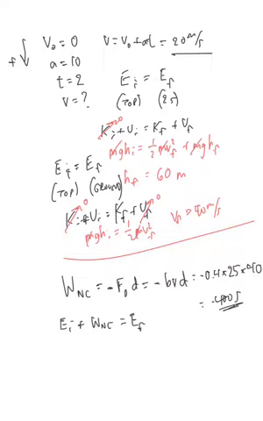We can use the same thing we've been doing, but in this case, remember, we're looking at the second half of the fall. So the initial energy here is referring to the energy at the 40 meter height, and the final energy is referring to the energy when it reaches the ground. So if we set up Ki plus Ui plus the WNC is equal to Kf plus Uf, we figure out which terms go to 0.